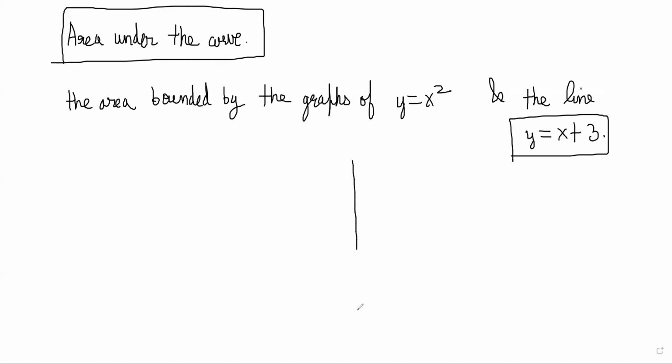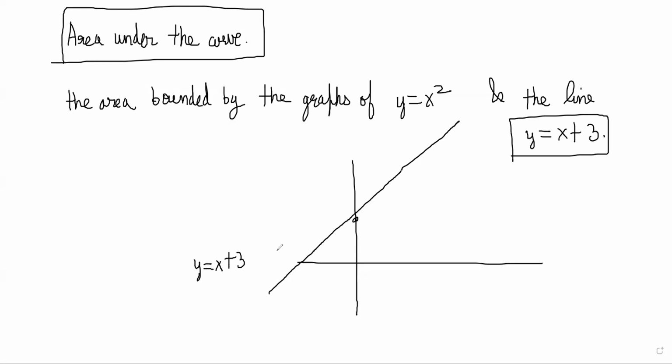So I will just draw it first and see what is coming. This is the line y = x + 3, right? This is the point (0, 3). And y = x square will be like this, and it will rise up very fast, right?